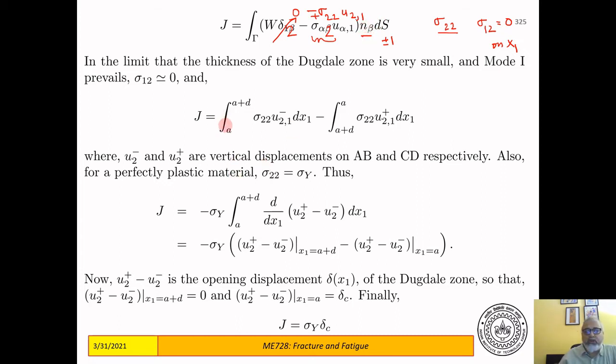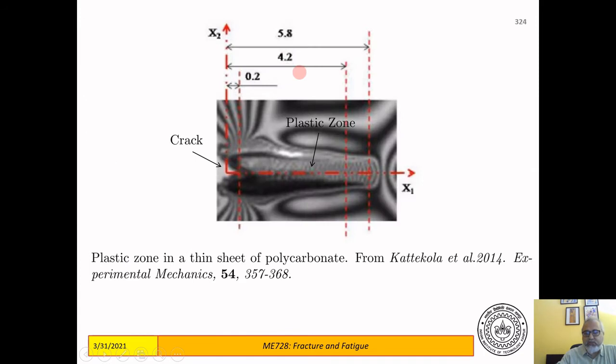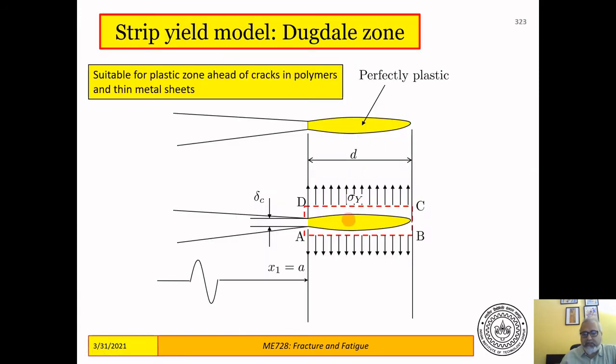On the lower face, we call the displacement u2 minus, and on the upper face this displacement is called u2 plus.